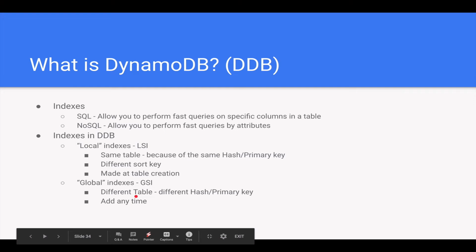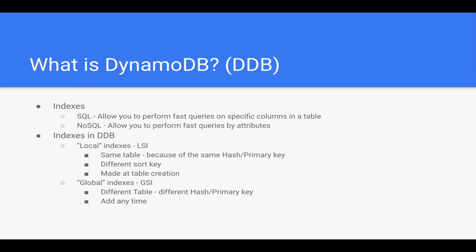and that adds time to your eventual consistency or to your strong consistency because it has to write those to the other table. It has to write that to the index. Same thing as a SQL index, same thing as a NoSQL index. But they get expensive.